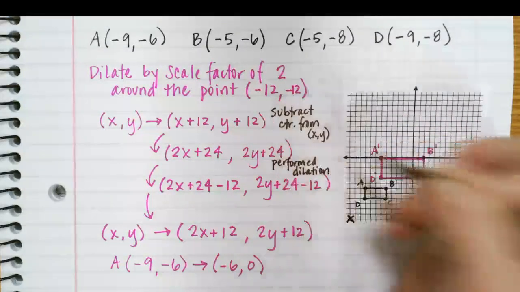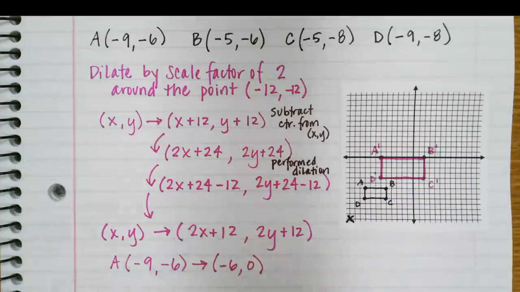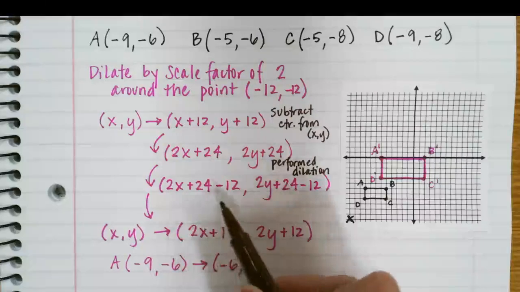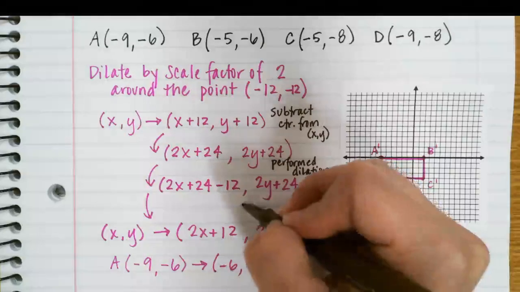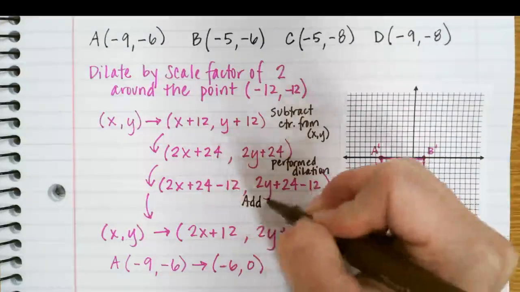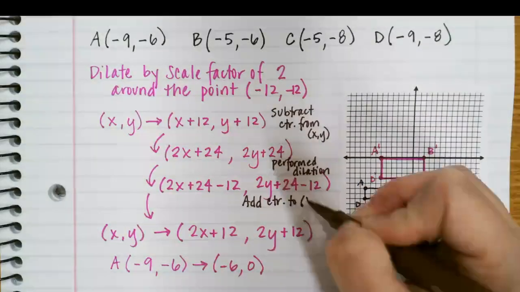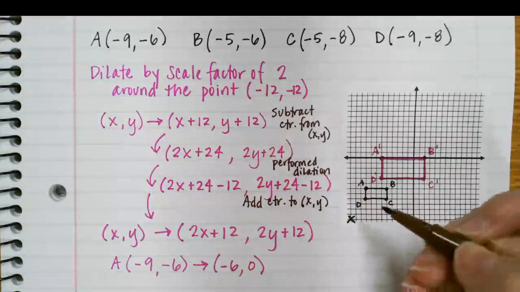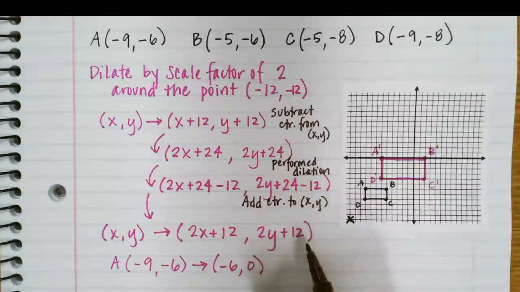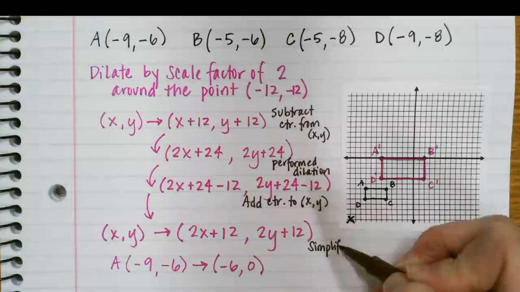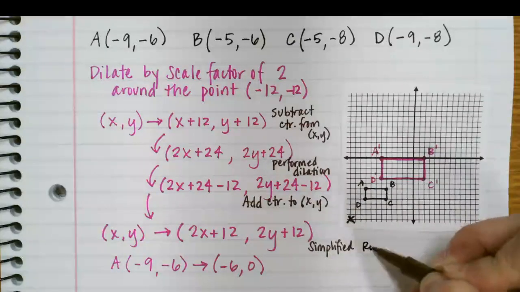I dilated by a scale factor of 2, which means I had to multiply my points by 2. Then I had to add the center back to my point. And then this is the simplified rule.